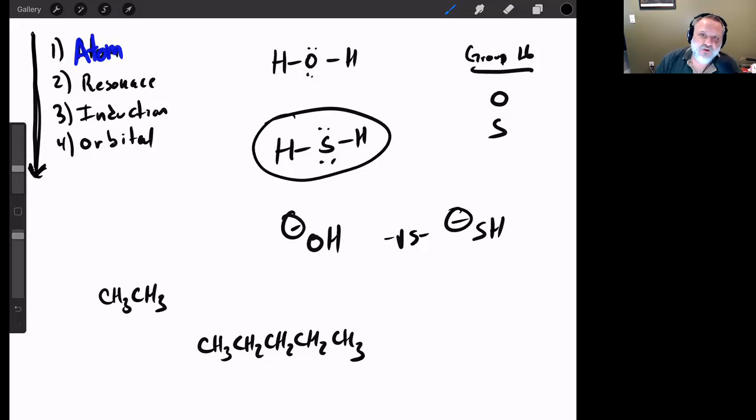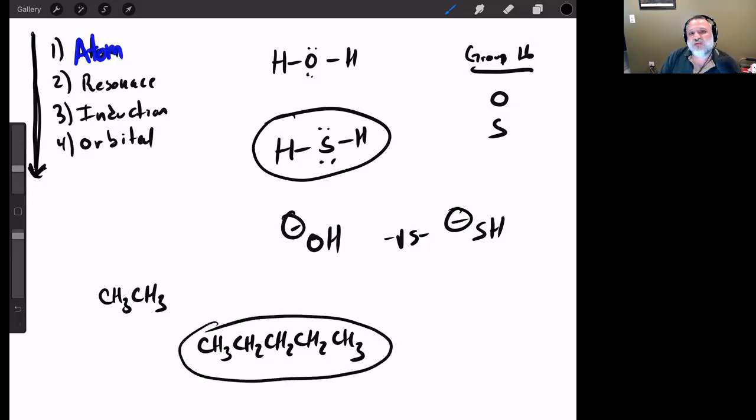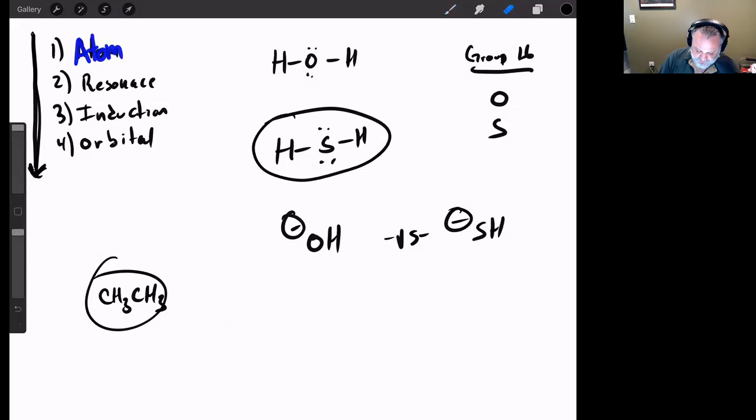So ethane has a lower boiling point because it has less dispersion forces, less instantaneous dipole moments. And so this property is called polarizability. We would say that the pentane is more polarizable than the ethane because the electron cloud is larger. Since the electron cloud is larger, it's easier to distort. And if it's easier to distort, there's more of these instantaneous dipole forces.